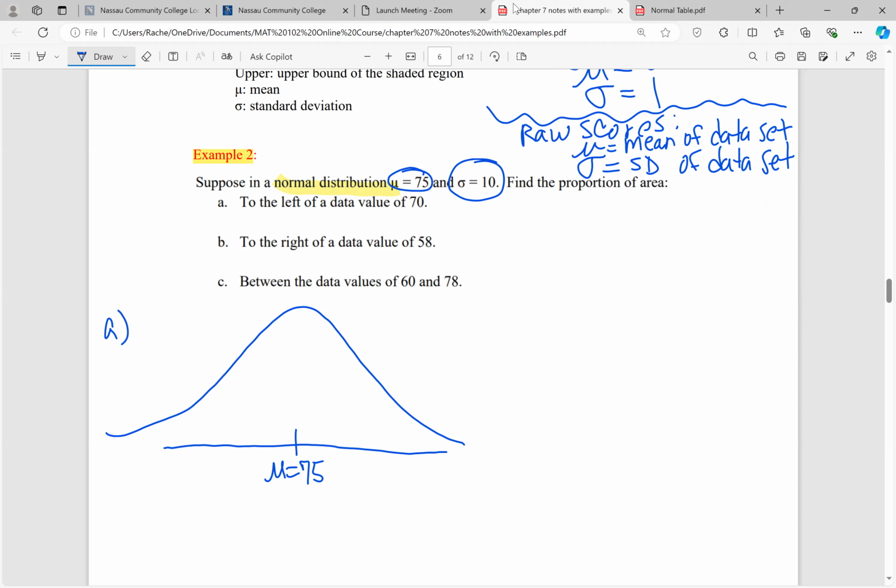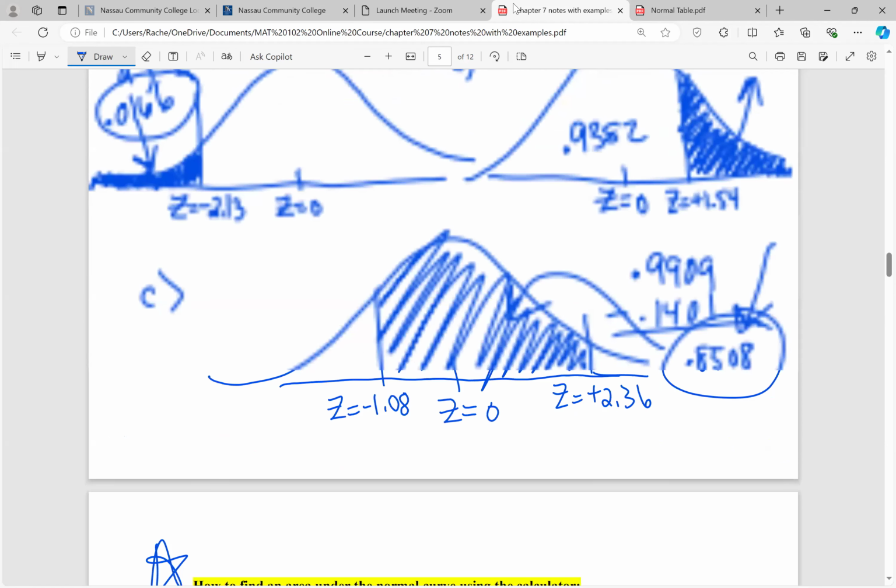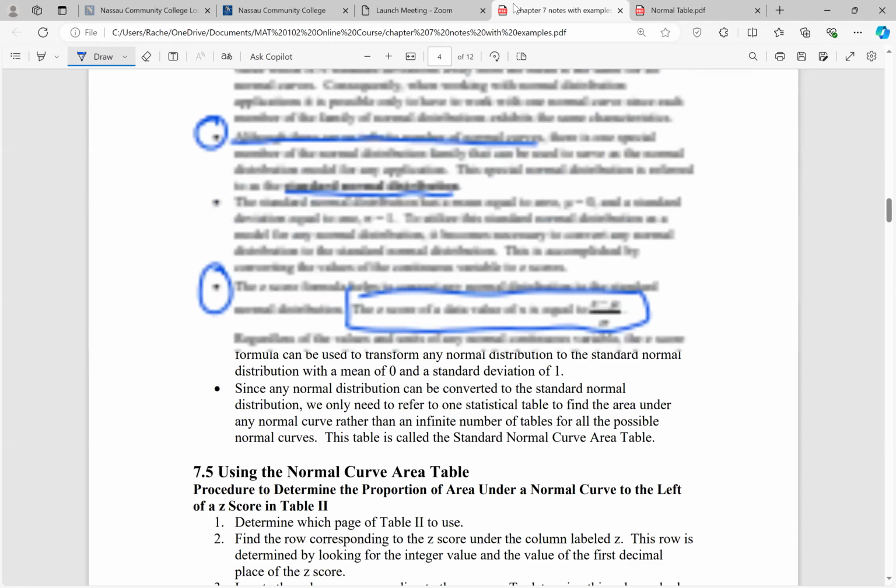We want to find the proportion of area to the left of a data value of 70. Now, I want to say another way that we could think of this. Finding a proportion of area, remember, that's just equal to probability. Area under the curve is just equal to probability. Let's go back up for a minute.